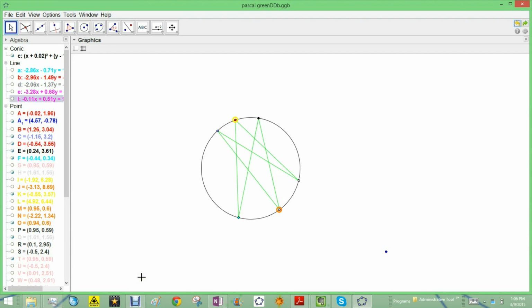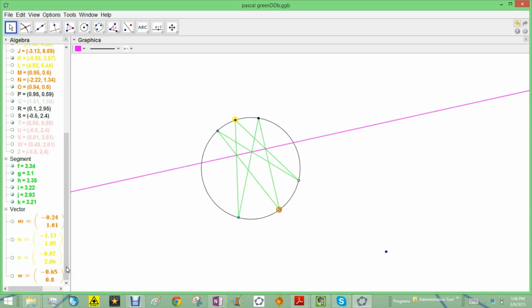Okay, so what we're going to do here is use the red point as our first centre of perspective, and we're going to use this as our intermediate or auxiliary line, and then we're going to use this orange point as our second point of perspective. And let's have a look at what effects these things have on our other 4 points. Well, when we do the first perspective, that's going to send this light blue point to this purple line.